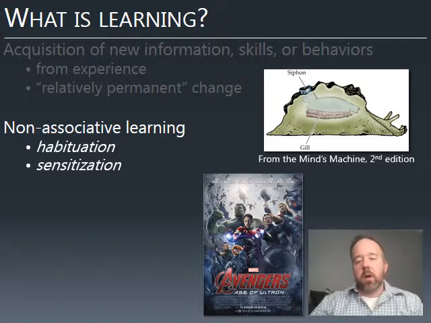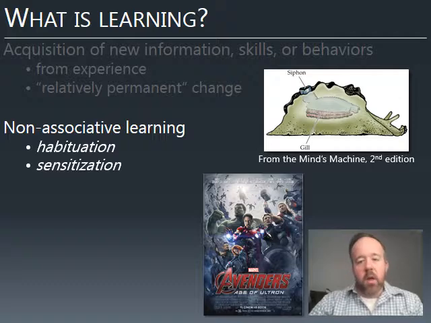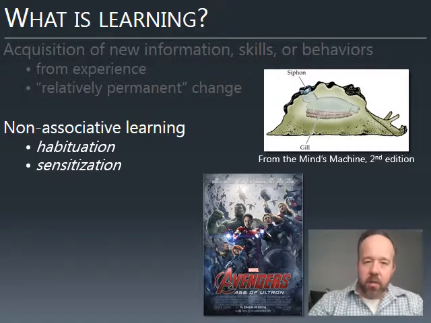And so associating that stimulus with an internal experience of pain or harm can sensitize the individual or the organism to that stimulus. So now you get a bigger response. In the case of aplysia, you get a bigger withdrawal of that gill. So that's another form of non-associative learning.